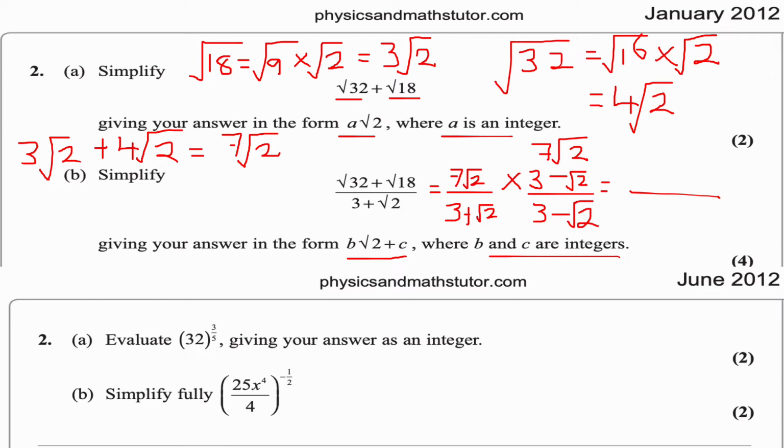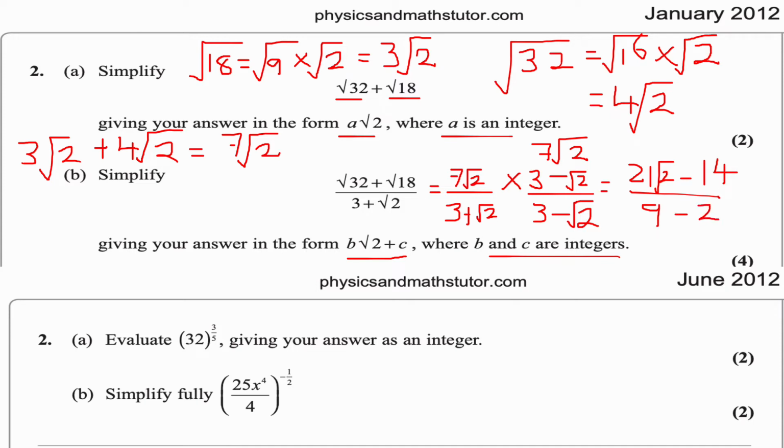So 7 root 2 times 3 is going to be 21 root 2. And then 7 root 2 times minus root 2, or root 2 times root 2, is going to be root 4. The square root of 4 gives you 2. 7 times minus 2 is equal to minus 14. On the denominator, I'm going to have 9 take away 2.